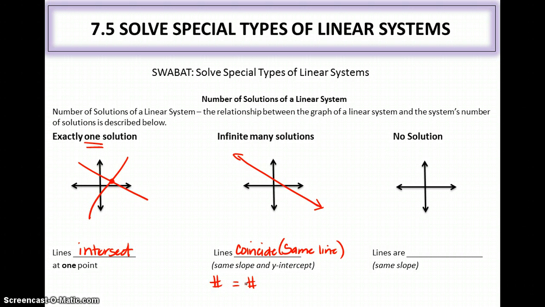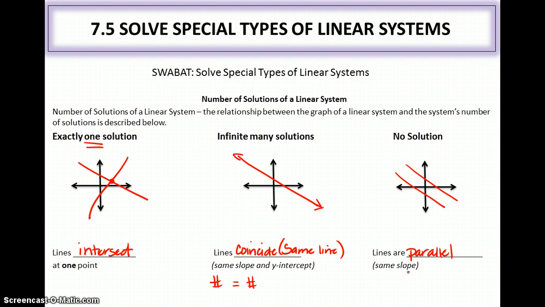And then there are also times when there's absolutely no solution. Graphically, instead of crossing at one point or infinitely many points, these lines will never cross. What lines will never intersect? Lines that are parallel.